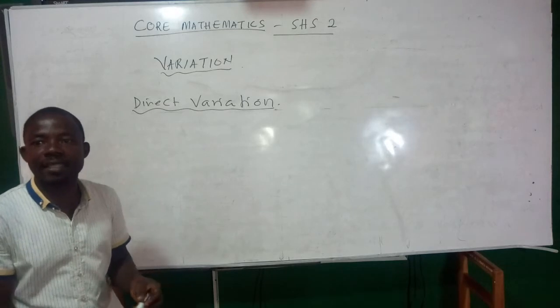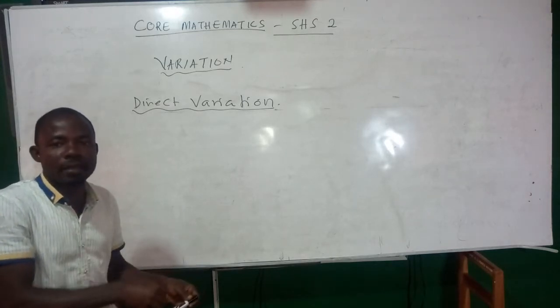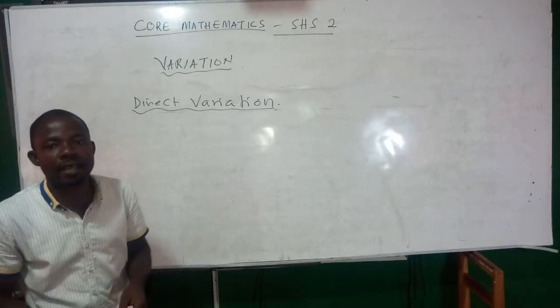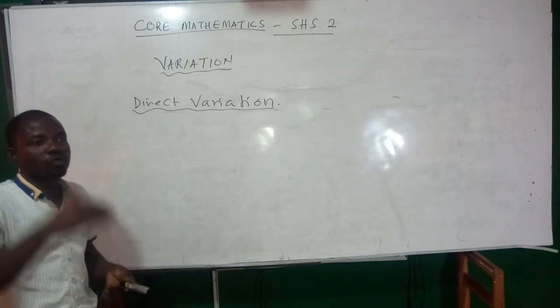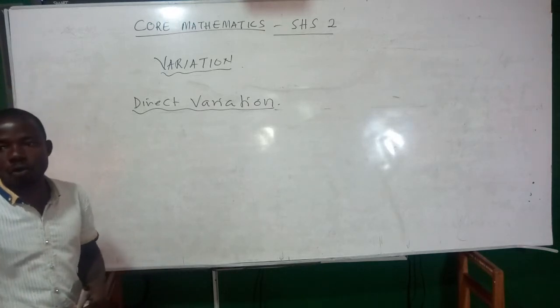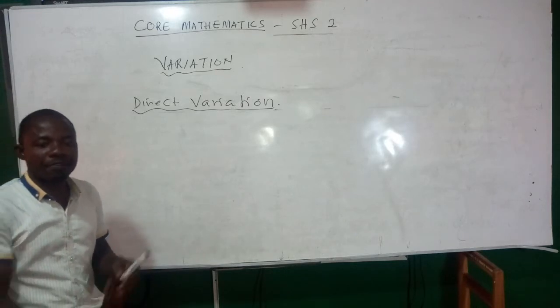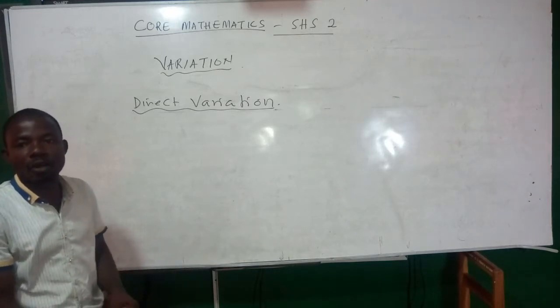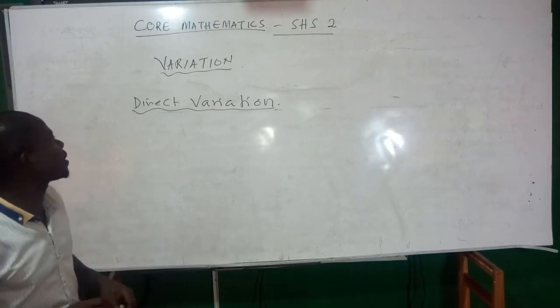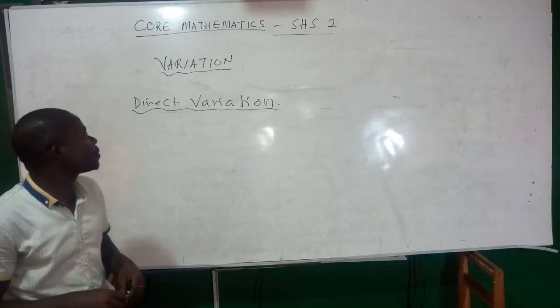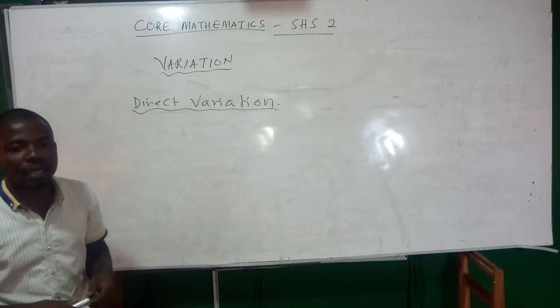Vice versa means the decrease in one causes a decrease in the other variable. As this one goes up, the other one also goes up. If this one comes down, the other one will also come down. That is direct variation or direct proportion.